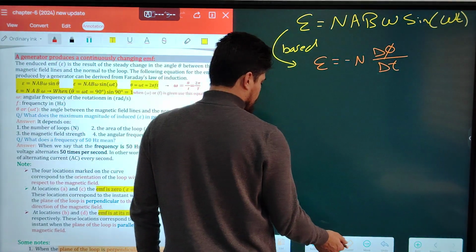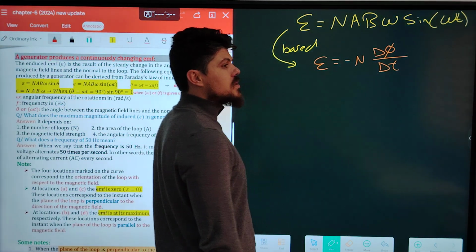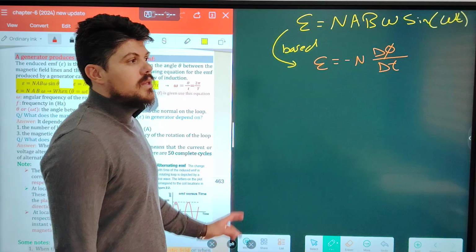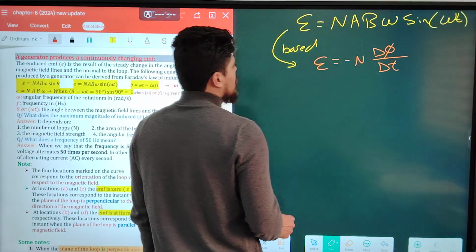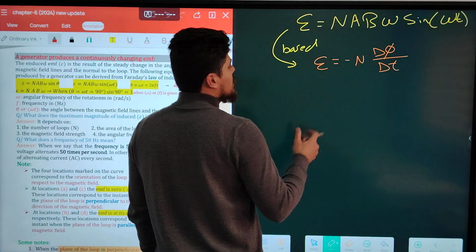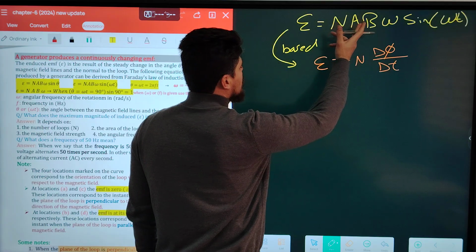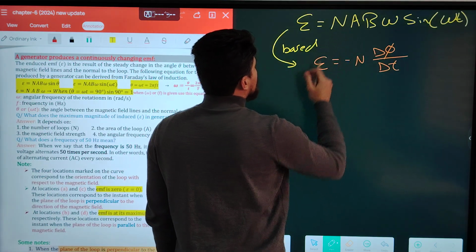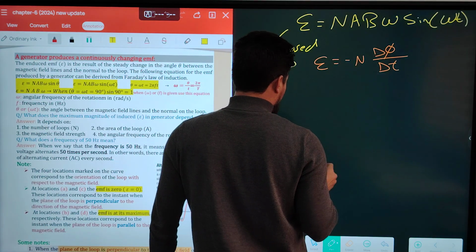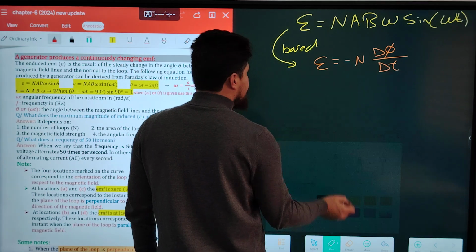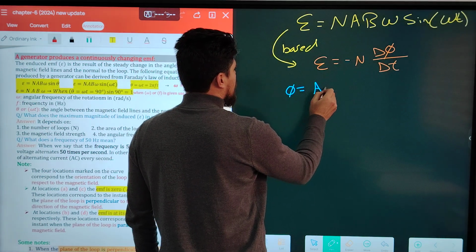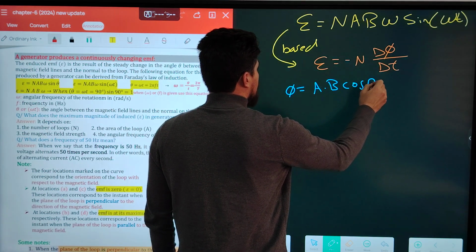Now I'm going to prove it for you, but this proof is not required for the student and is not described in this book. But I'll prove it to learn more about how we get the generator equation. As you know, flux is equal to A B cosine theta.